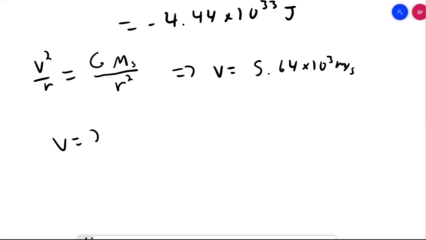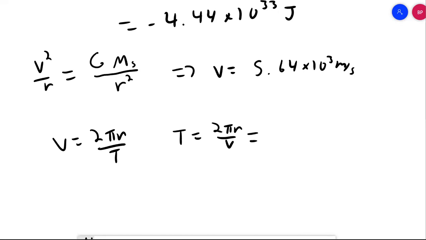The velocity is also equal to the distance over time. So in one full rotation, it has a distance of the circumference, and that happens in one period. So if we invert this, we can find the period. You could also use the formula that we used before. It's the same thing.